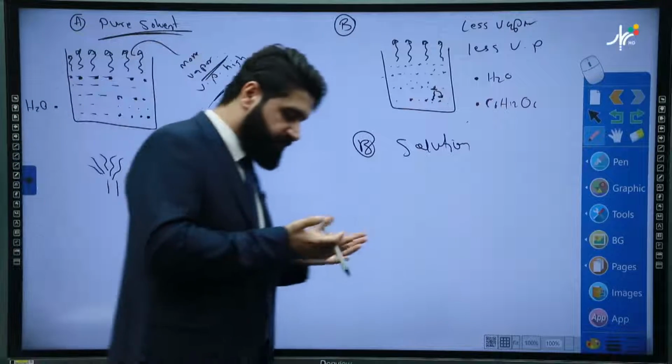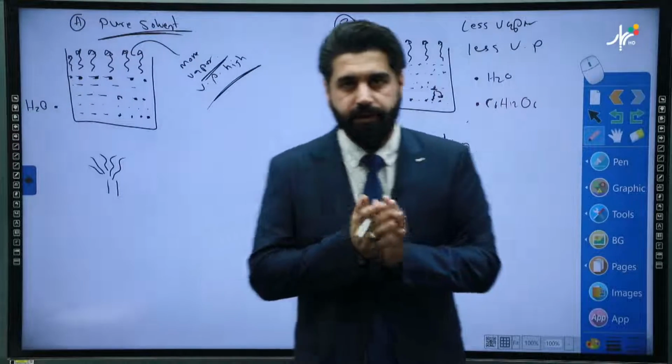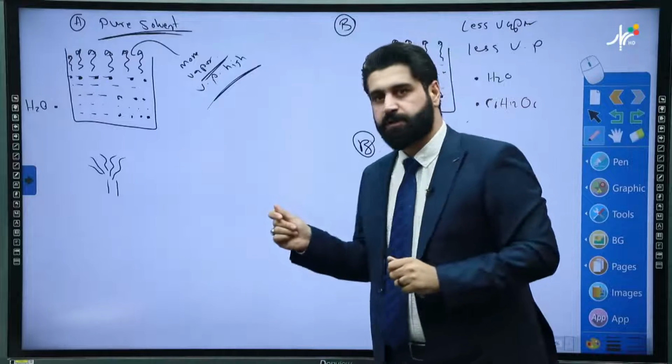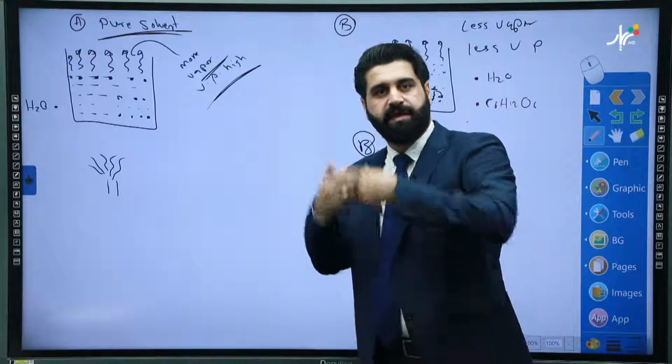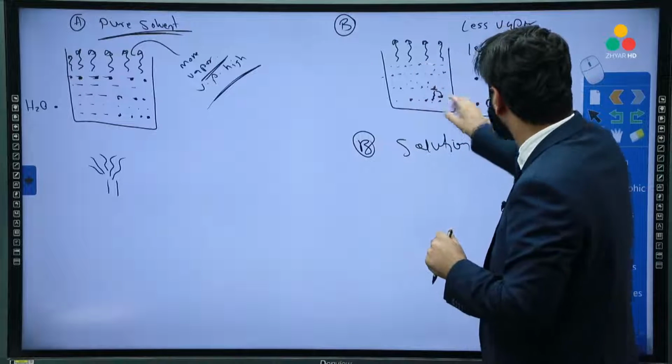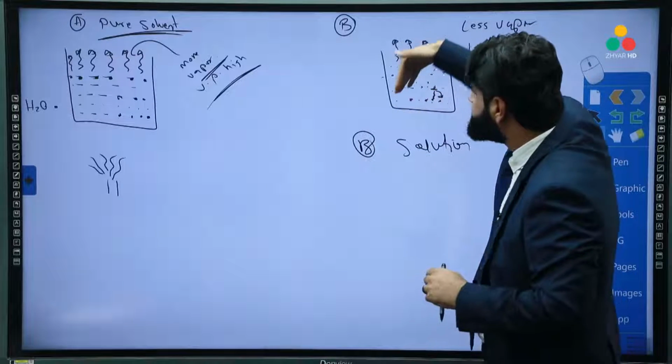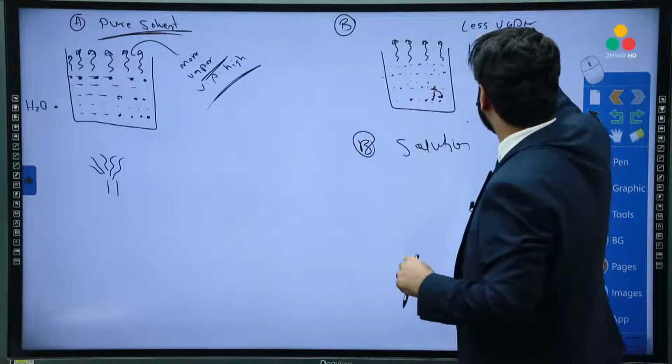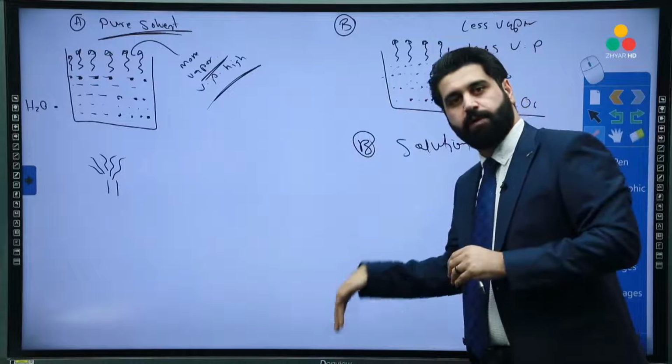So there will be fewer solvent molecules to escape, to vaporize into the gas phase. This is why, as the concentration of sugar increases, water molecules decrease, so vapor pressure will be lower.